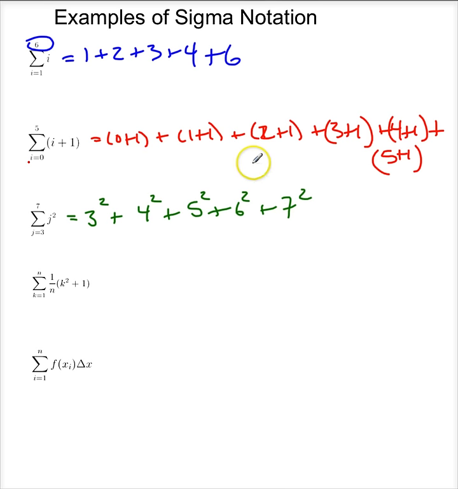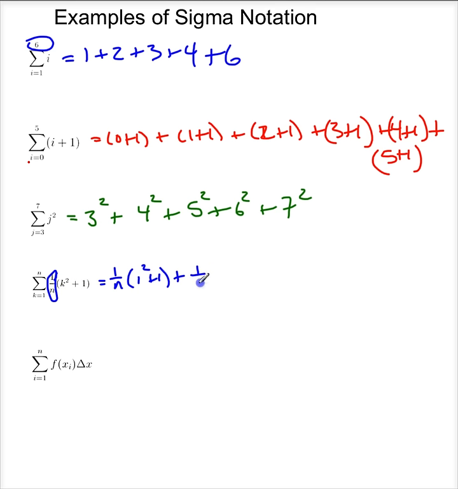Now, sometimes you have things in here that aren't changing. So you see how I have this 1 over n here? How would I write this? Well, this is going to be 1 over n times 1 squared plus 1. Now I'm going to change k to 2.